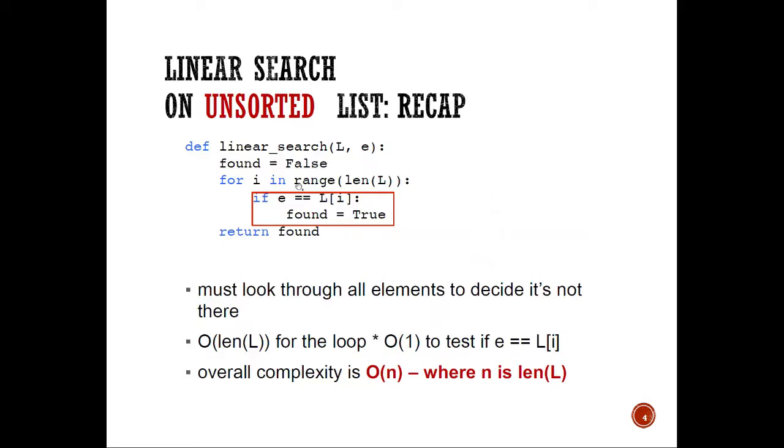That's why we iterate over the index of the list and check whether the element that we're searching for is found at different indices. In this case, the overall complexity is O of n, where n is the length of the list, because we have to go through the complete list.